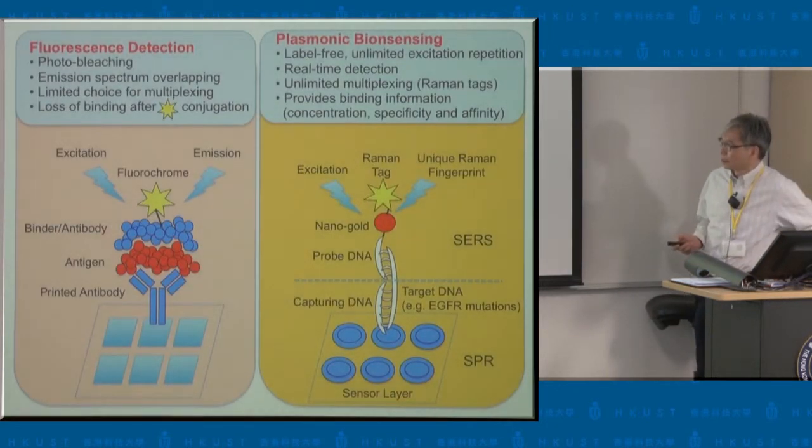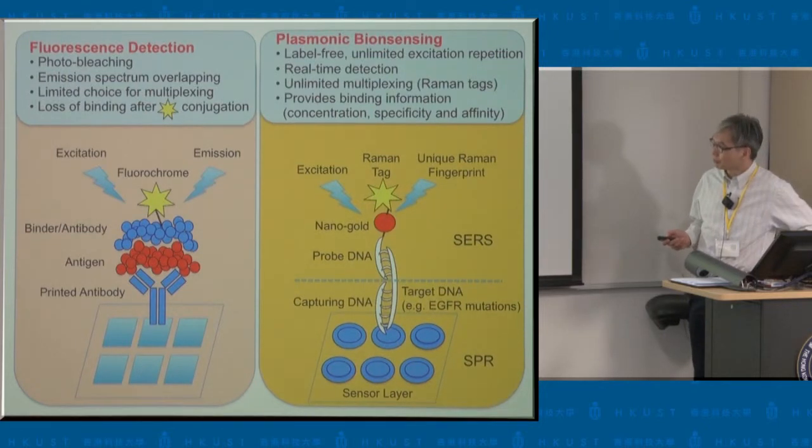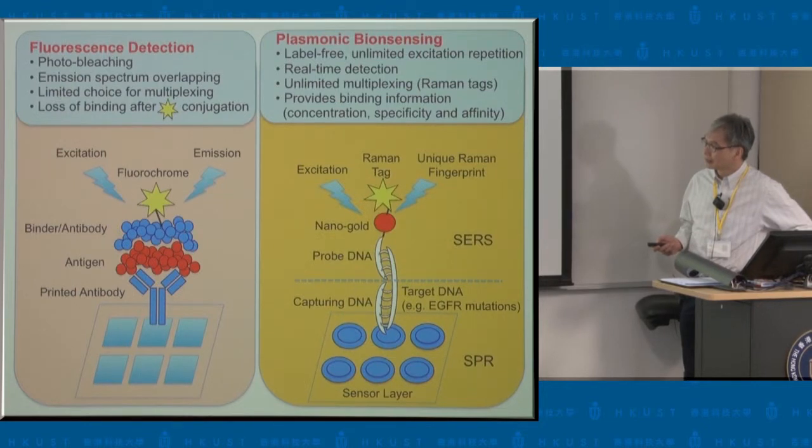And over the years, people have already developed things like this. In the conventional biosensing strategy, you have the antigen grabbing its antibody target, or vice versa. And then you put a fluorophore label, and the presence of the target gives you fluorescence.